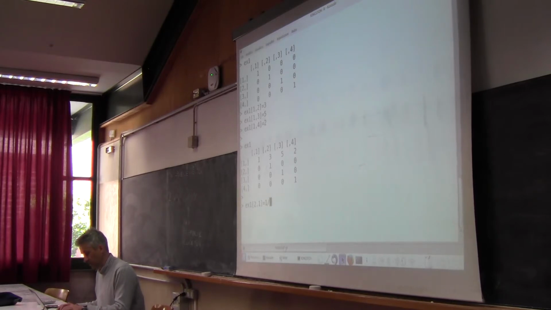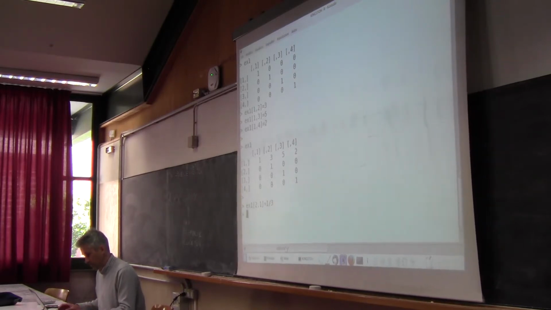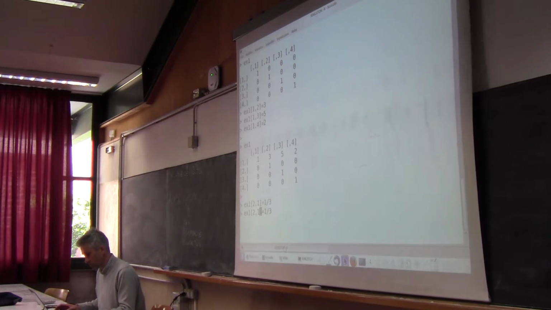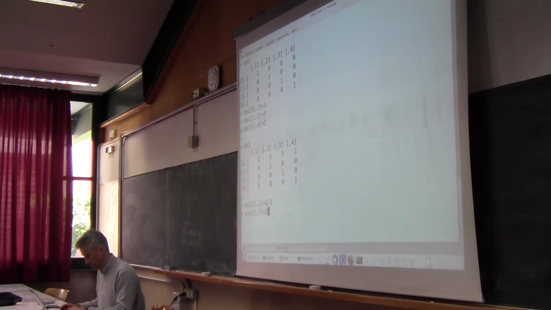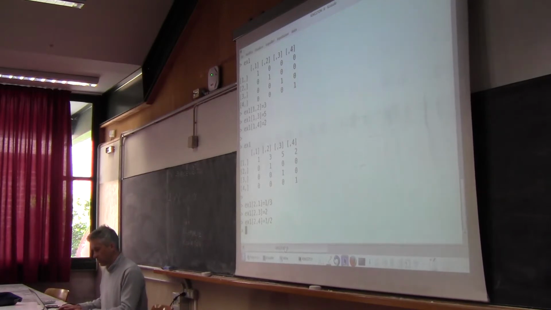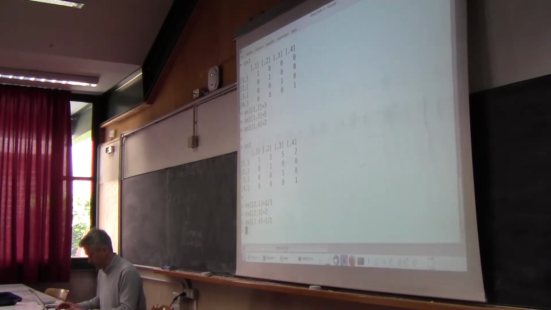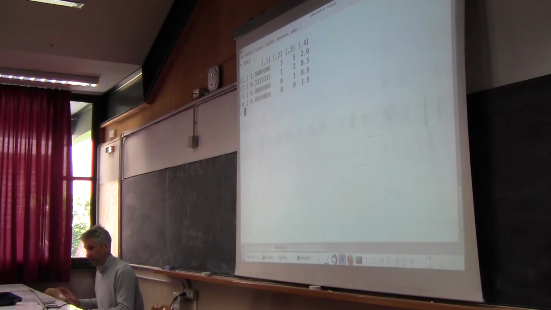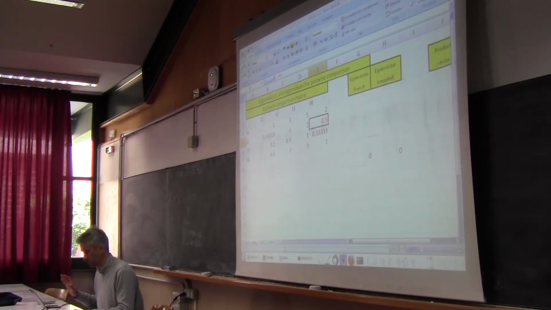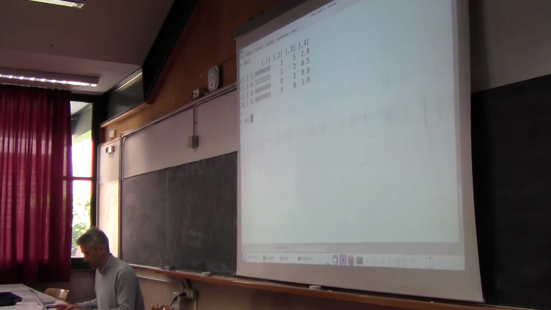So this is 1, 2/3. 2, 2, I don't need to include it. 2 and 2, 4 is 1. So I just make a check. 1/3, 1, 2, 1/2. I just make a check by going to Excel. Okay, perfect. And now I can move to the third row.